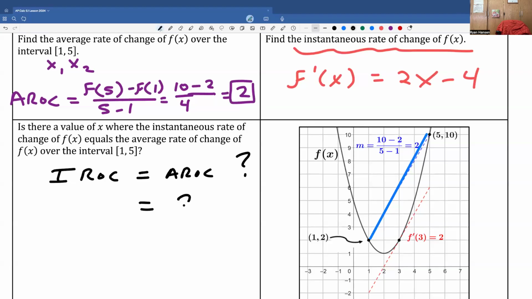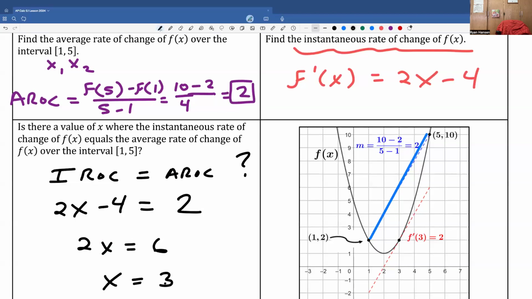Just 2? 2. Okay, what's the formula, or the function rather, for the instantaneous rate of change? If we use this equation or setup, does that permit us to solve for x? Absolutely. Add 4 to the other side. So you get 2x equals 6. Divide by 2.